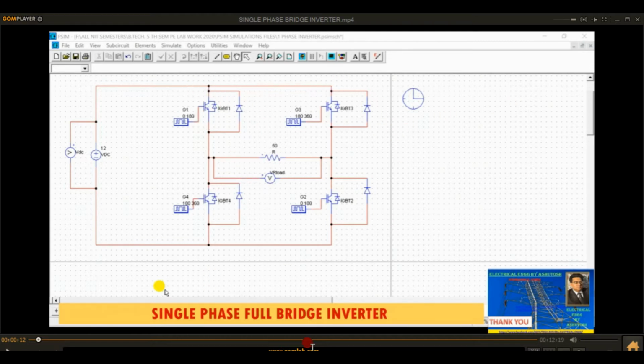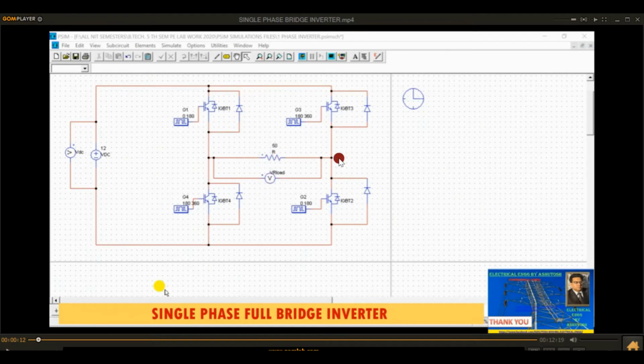In the first leg IGBT1 and IGBT4 are connected. In the second leg another two main switches are connected, IGBT3 and IGBT2. In between these two legs this is the resistive load of 50 ohm.